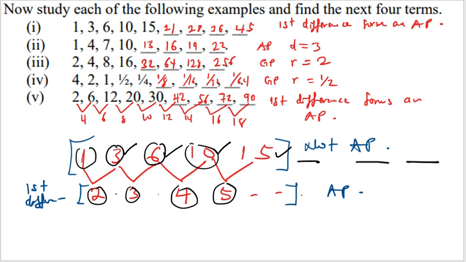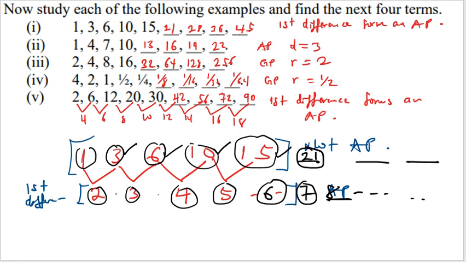So if I want to get the next value, remember, since this one is an AP, the next value will be 6, 7, 8, and so on. Therefore, if I want to get the next value, I have to take 6, add it to 15, then I will get 21 as my next, and I'll pick 7, add to 21, then I'm going to get 28.